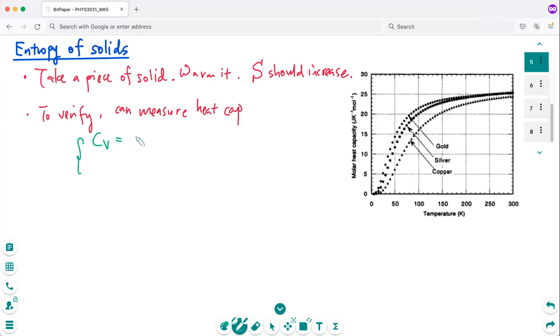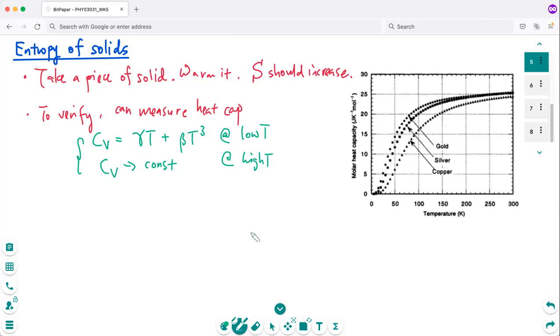The heat capacity can be written like this. This is the heat capacity at low temperature. And at high temperature, heat capacity is a constant.